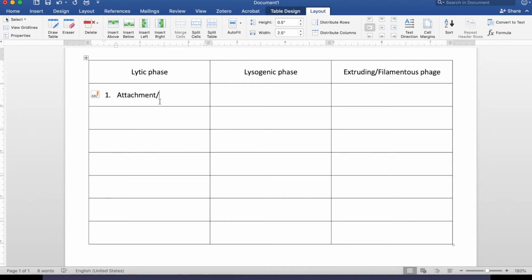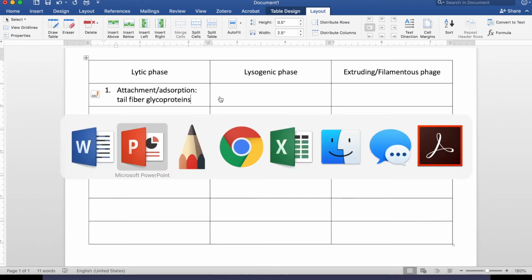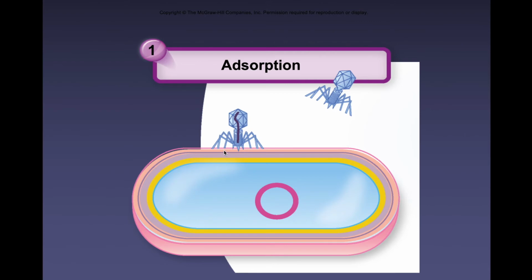attachment or adsorption, and this is through tail fiber glycoproteins. And there are various modes or sites of attachment on both gram-positive and gram-negative cells that these tail fibers can bind to that host cell envelope. For gram-negative cells, this could include the porin proteins.